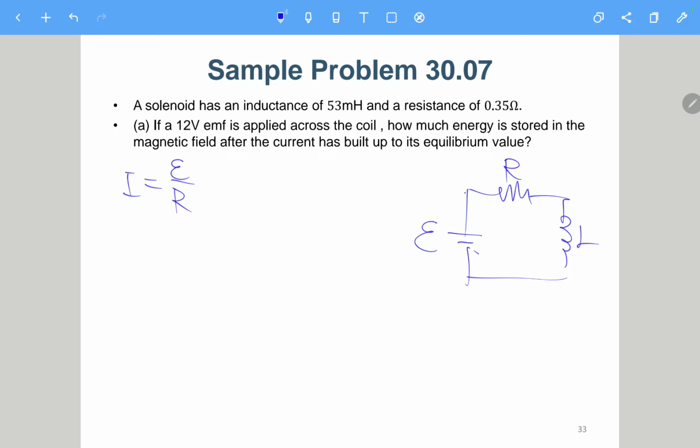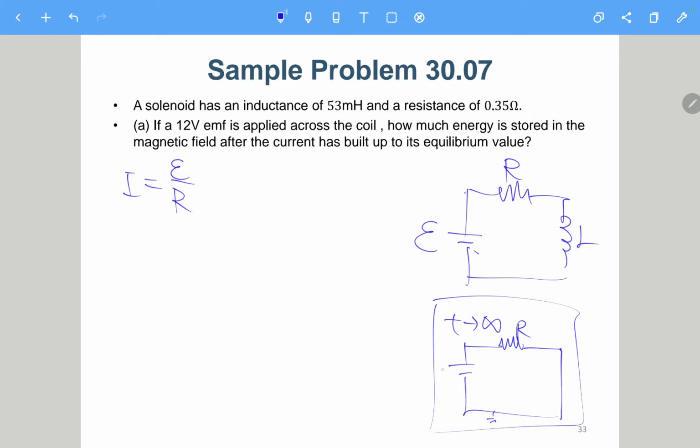And as I mentioned, for this circuit, when E is a constant and when T tends to infinity, the inductor is somehow like a short circuit. So when T tends to infinity, it is something like this. This is out, and this is short circuit.